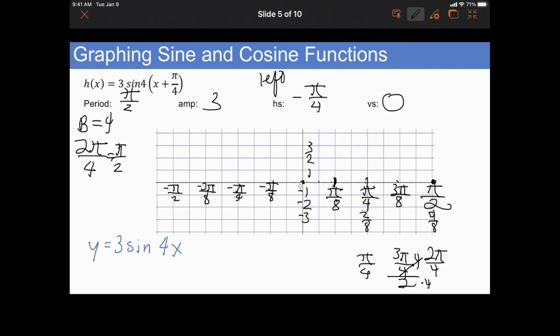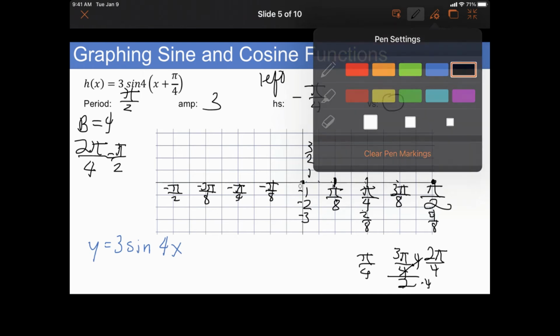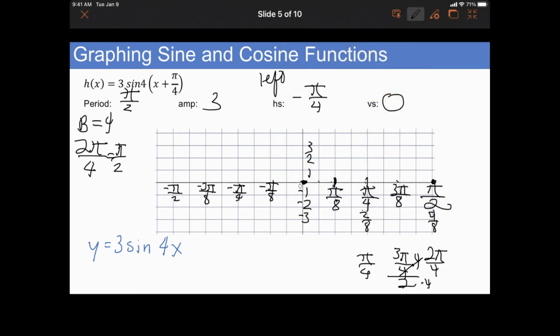Don't forget to label the y-axis. Okay, and we're doing sine. So here we're going to go up, back to the x, down, back up. Can do that over here. So we have this.